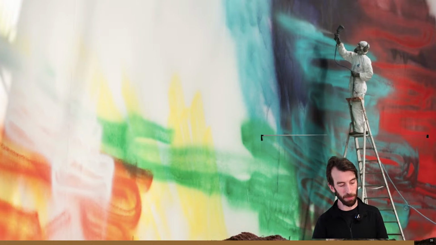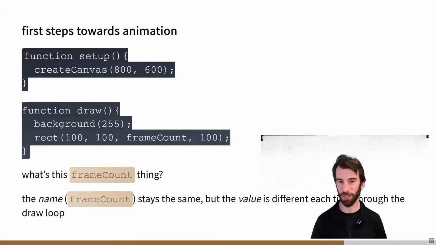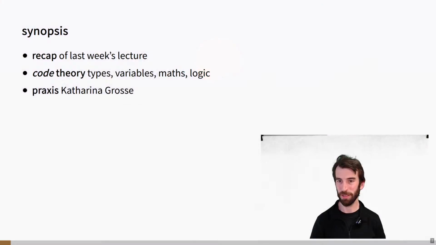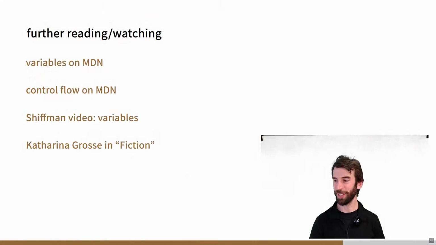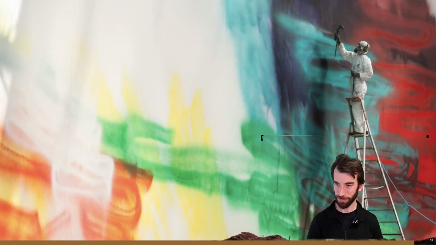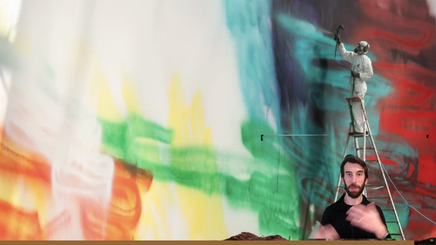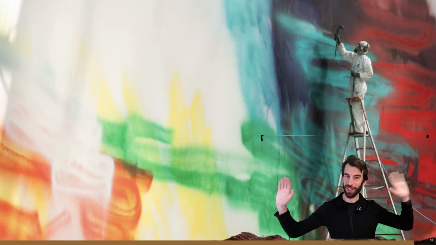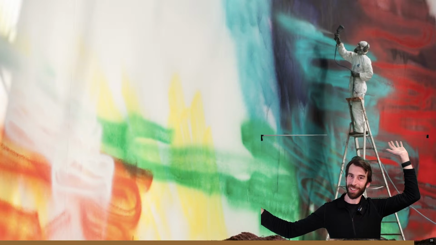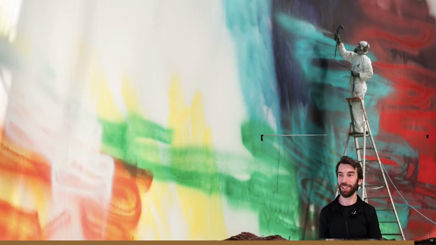Now we're going to do a bit more work with variables and starting interactivity. And our little demo for today is going to be based on this art practice by Katarina Gross, who is a painter and creates large format painting artworks using spray paint.